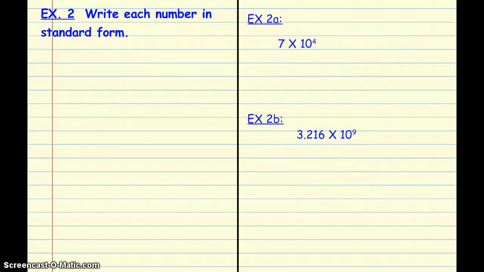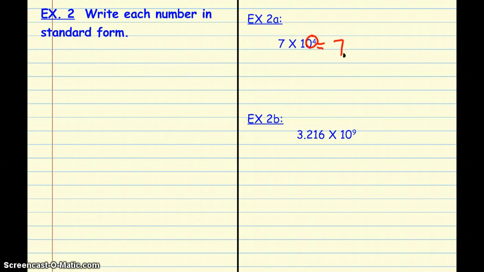Now, let's take a look at writing numbers in standard form. So we're going to go from scientific notation into standard form. I have the number 7 times 10 to the 4th power. The first thing that I like to do is rewrite my first number, and I ask myself, what's my exponent? In this case, the exponent is 4. I know in a whole number it's hidden, but there's a decimal point right after it.